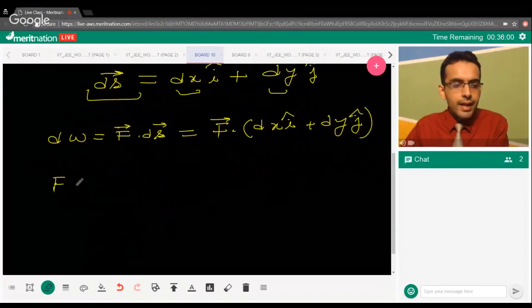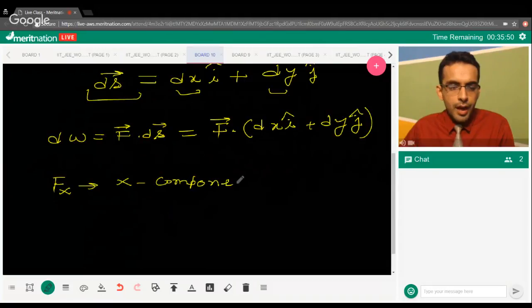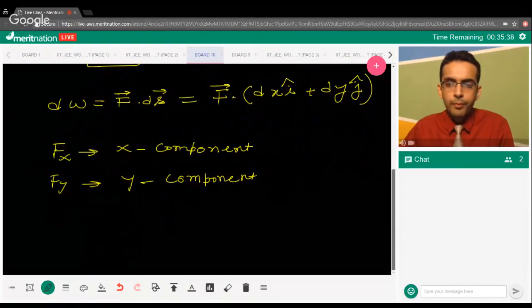Let's say fx is the x component of the force, and fy is the y component of the given force. So I can write this force as fx i cap plus fy j cap, right?